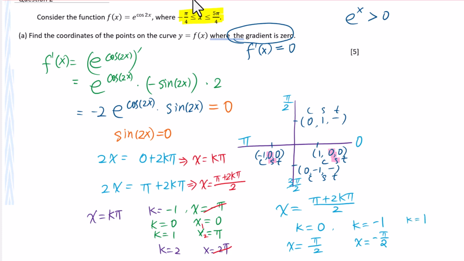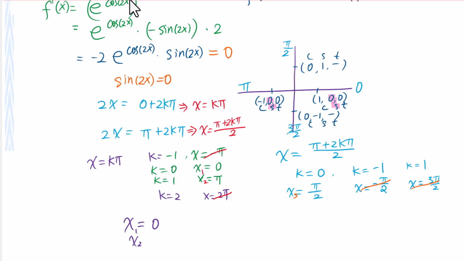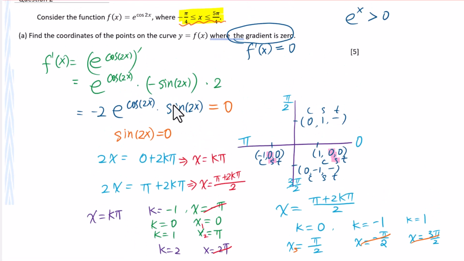K equals 1. We got x equals 3 pi over 2. Check this domain. We cross out these two. So we got 3 solutions. We got x1 equals 0, x2 equals pi, x3 equals pi over 2.